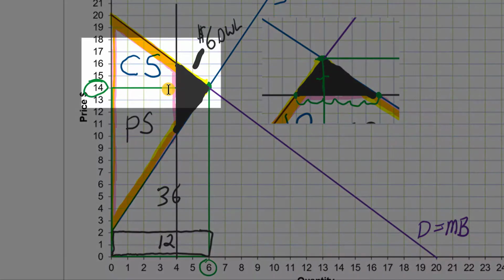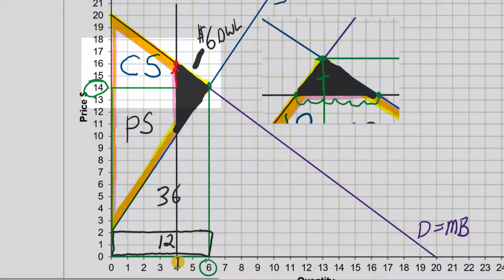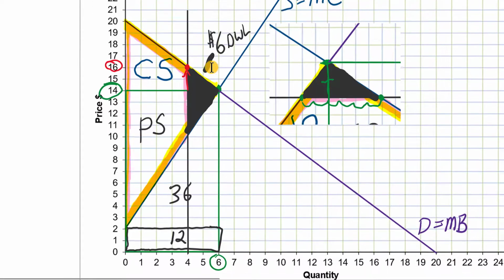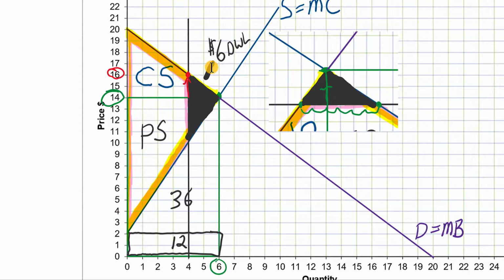So instead of the price being $14, what we usually see is that this price is going to go up to the highest price consumers would be willing to pay to get the 4 units that are allowed to be produced now. So we see that that marginal benefit, or the most people would be willing to pay for the 4th unit, is going to be $16. So the impact of this quota, in addition to having that deadweight loss of $6, is that the market price will go up to $16 from $14.